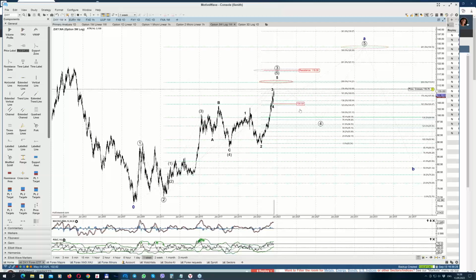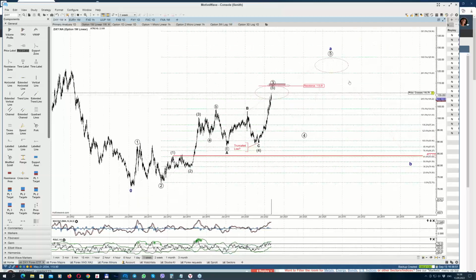This count gives us initial clue. Above 104.64, we have no evident signals of a meaningful top is in place. Moreover, in the case we take out this resistance, the next target is 119.30.